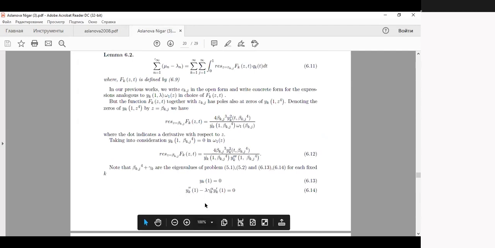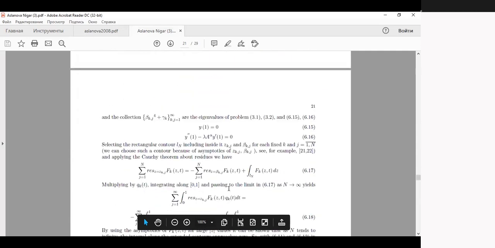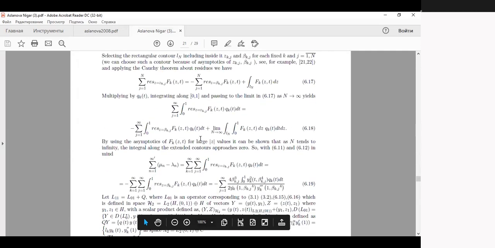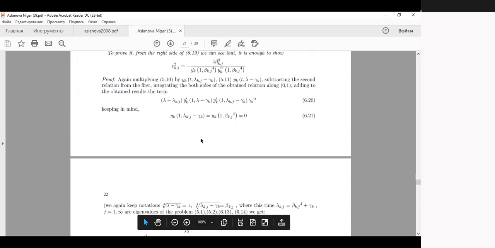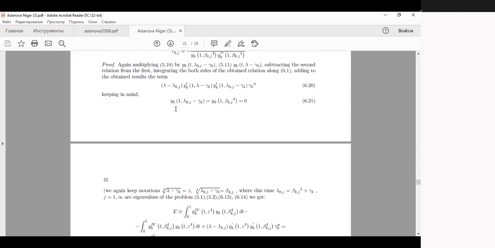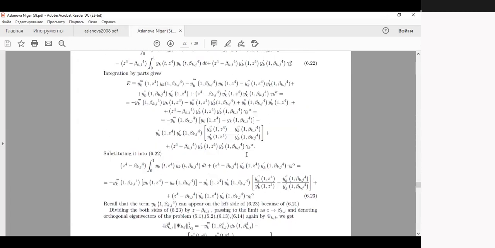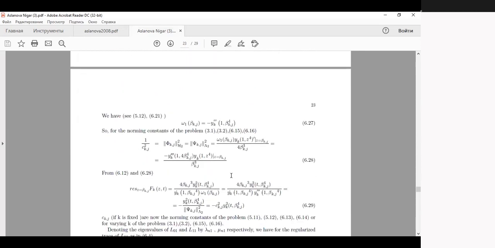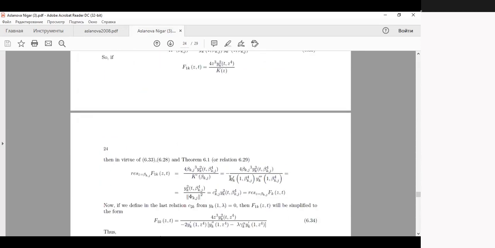One more application takes us to another kind of boundary conditions. Finally, we come to the simplest, regular boundary condition.